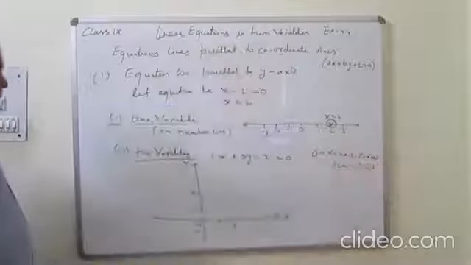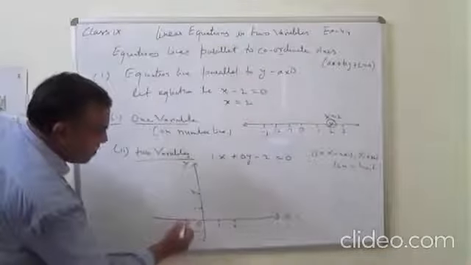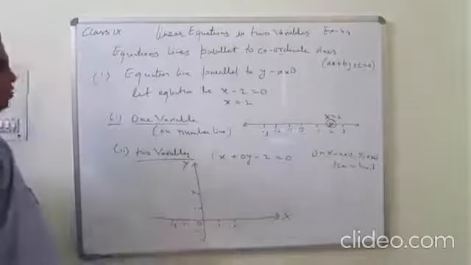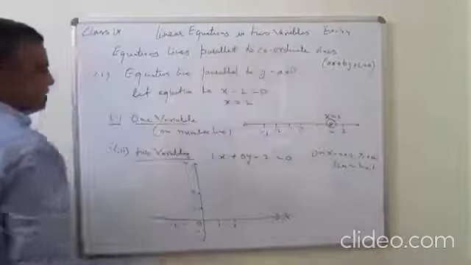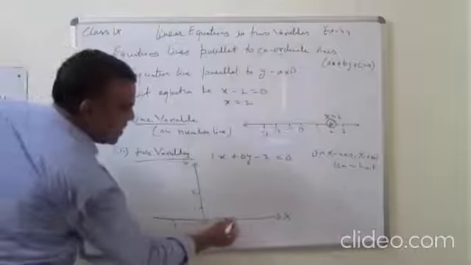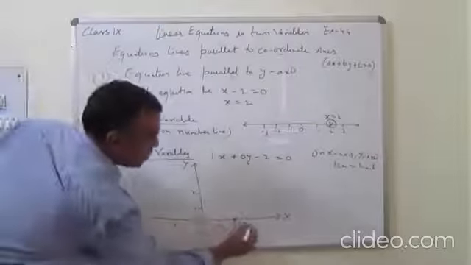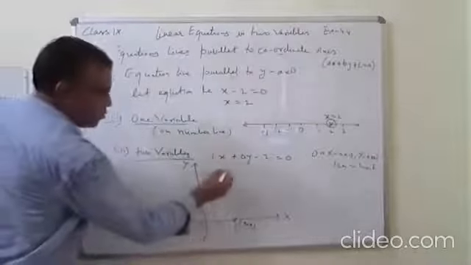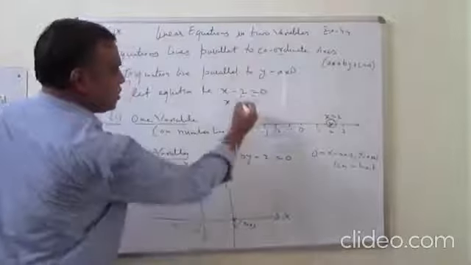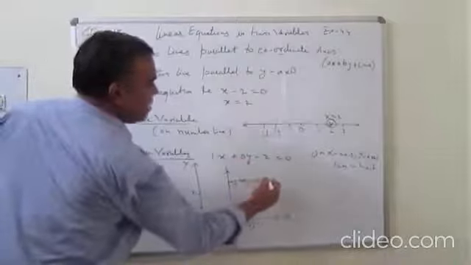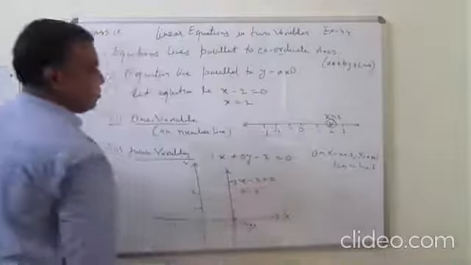So this is the line parallel to the y-axis. x is equal to 2. This point is 2, 0. And you see that this is the line x minus 2 is equal to 0, or x is equal to 2.